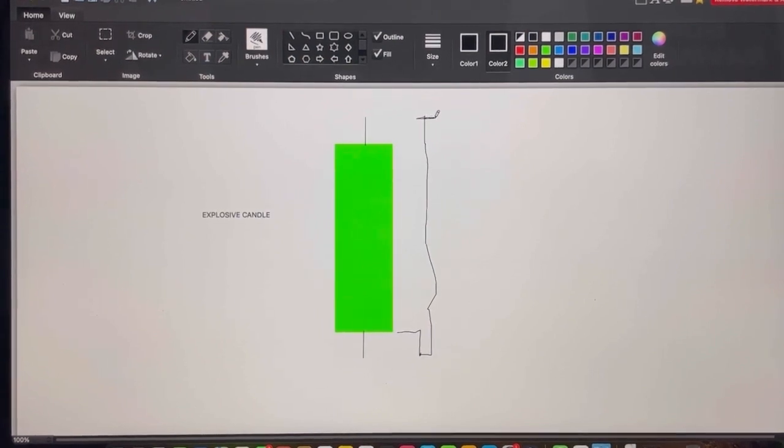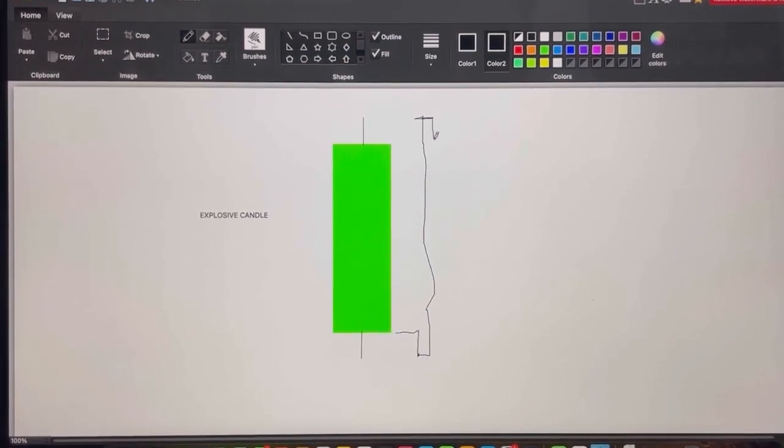After this point, again there is a little bit of control by the sellers, who started some selling and ended the price here. So you can observe here.